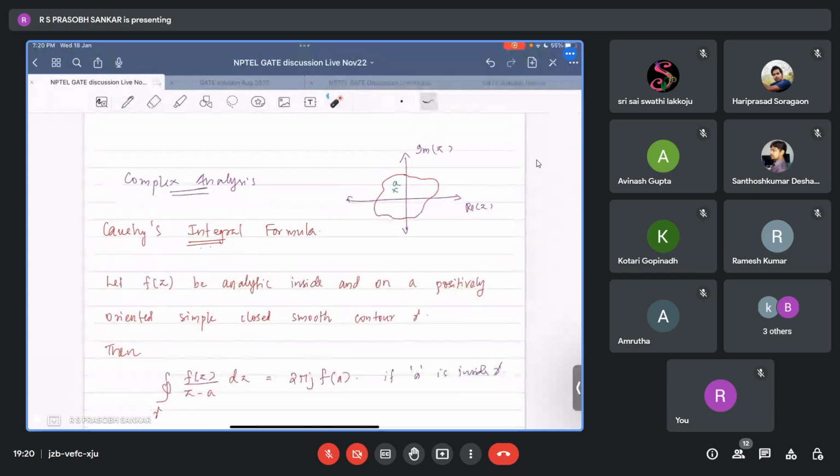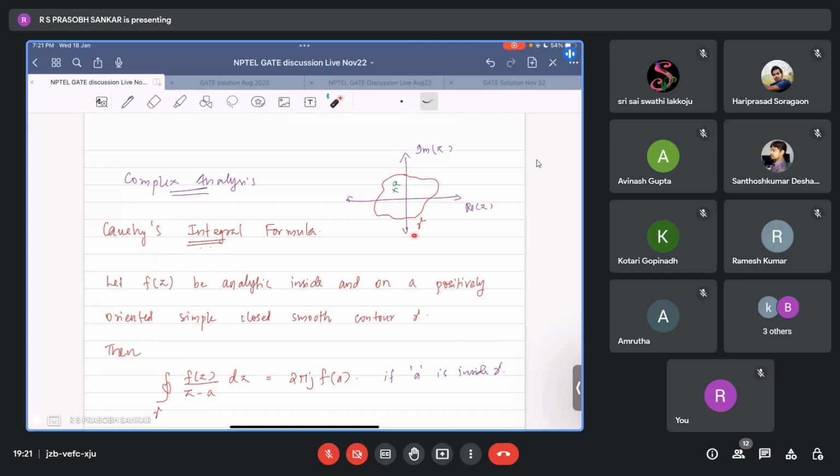Now, analytic, like we discussed, means a function f of z is said to be analytic if it is complex differentiable. Consider f of z to be analytic inside and on the curve gamma that we have here.